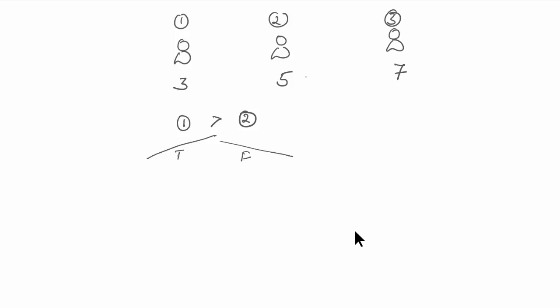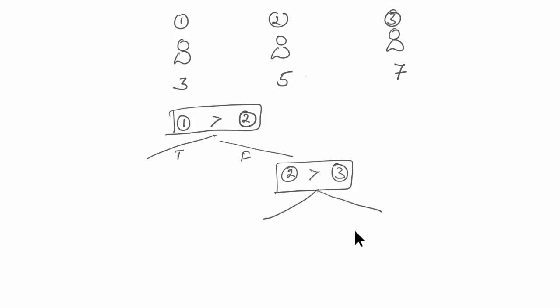The second student is the bigger one. So verify if 2 is greater than 3. So this is the first condition. This is the second condition. If 2 is greater than 3, if it is true, then 2 is the biggest. If not, then if it is false, then 3 is the biggest.